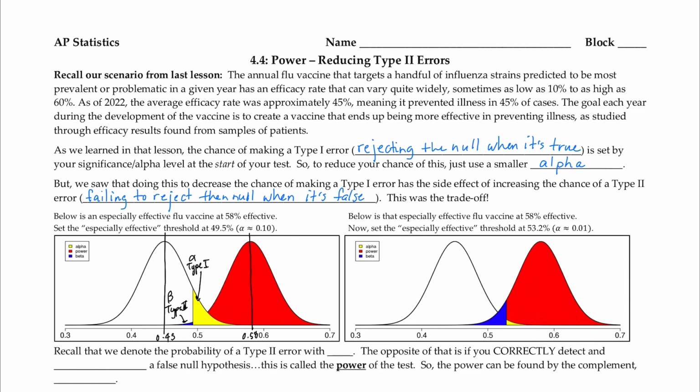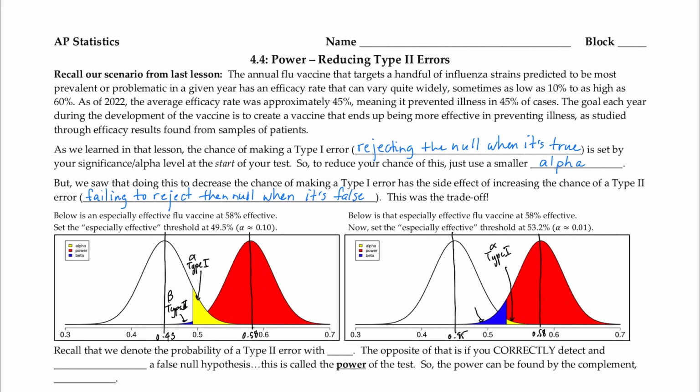If you shrink the alpha level down to just 1%, we can see how the alpha and beta adjust according to that. Again, we're dealing with the null at 45%. Hypothetically, we would know that the true efficacy is at 58%. If we adjust the alpha level to 1%, we talked about this last time, the alpha level shrinks, and so does the probability of making a type 1 error.